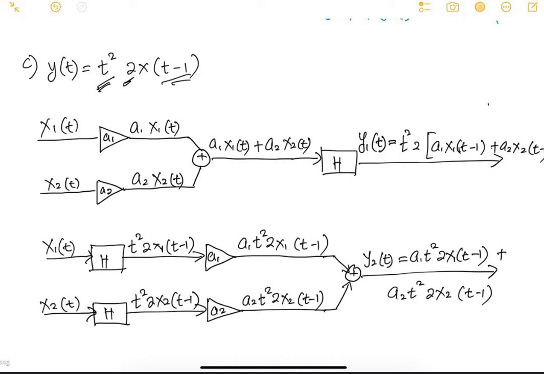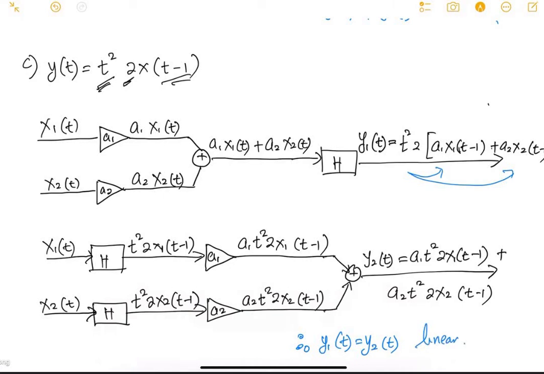Then you compare y1(t) and y2(t), whether they are the same or not. For the first one, you can always multiply in, and you will get the same answer. Therefore, y1(t) equals y2(t), so this question is linear.